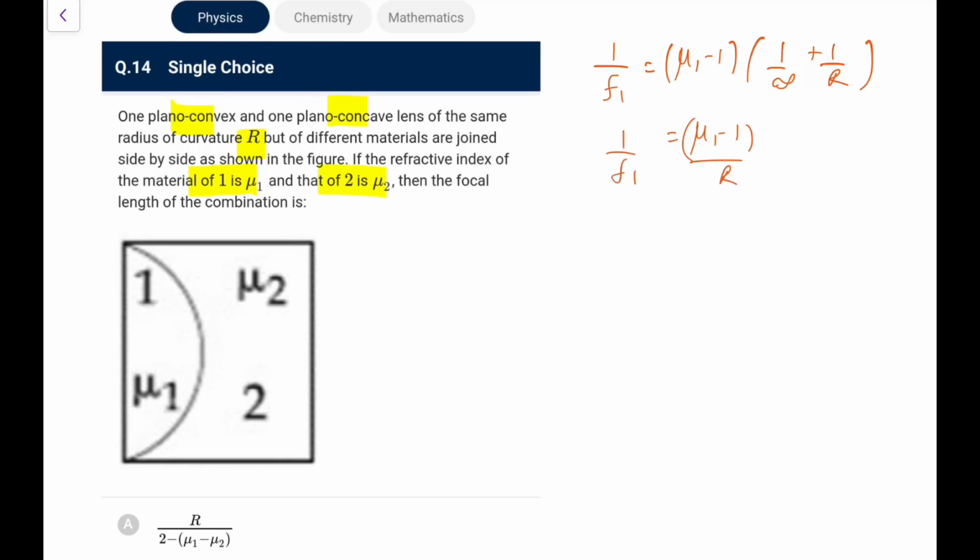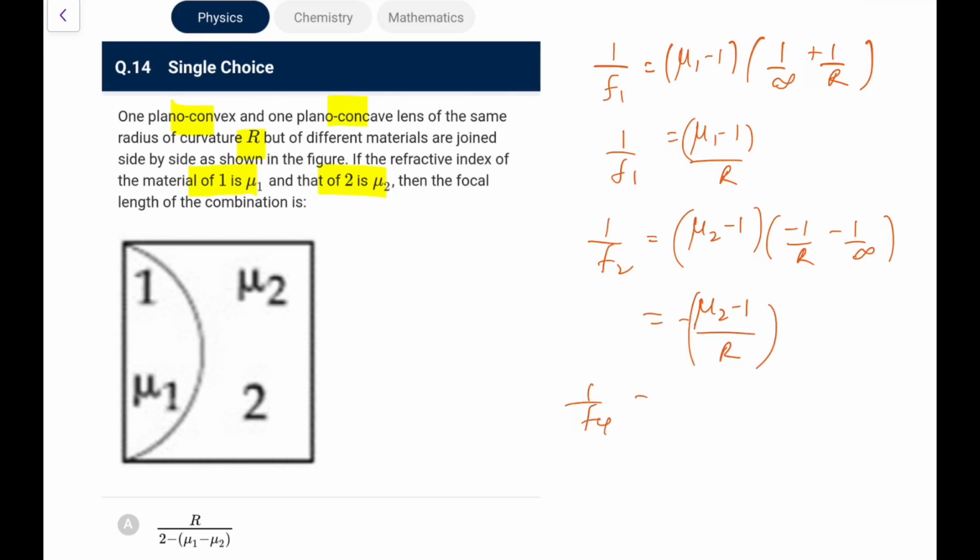Similarly, 1 upon f2 is (mu2 minus 1) times (minus 1 by r minus 1 by infinity). I am calculating with respect to air, because whenever we apply combination we assume these focal lengths are with respect to air. So it is (mu2 minus 1) upon r with a negative sign.